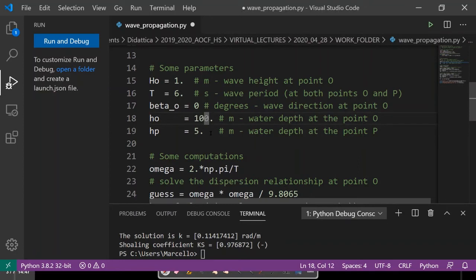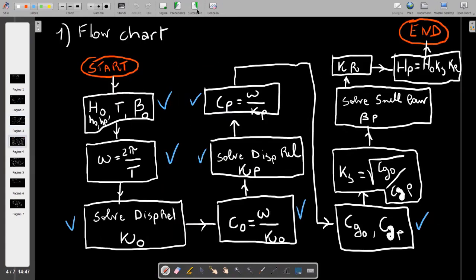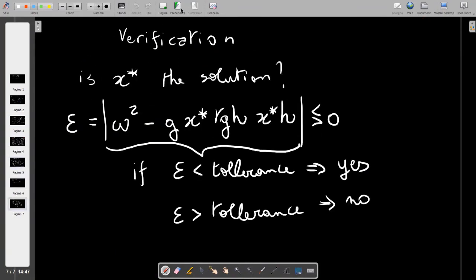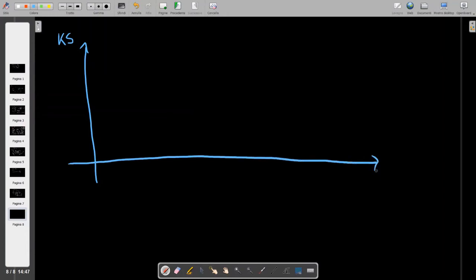If we make here 100 meters and here 2 meters, just to recall the behavior of the Ks. This is Ks, this is H, this is 1. The Ks behavior is more or less something like that.